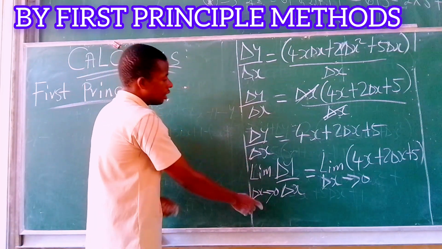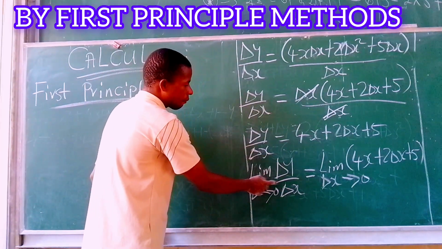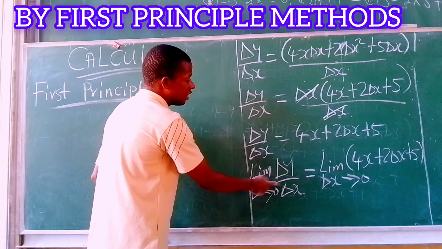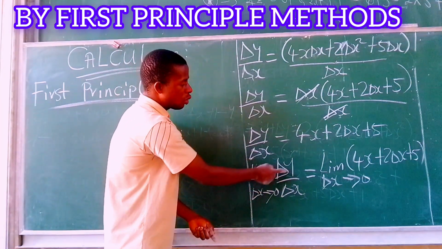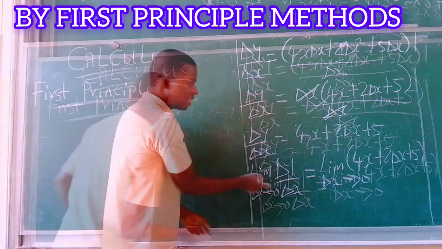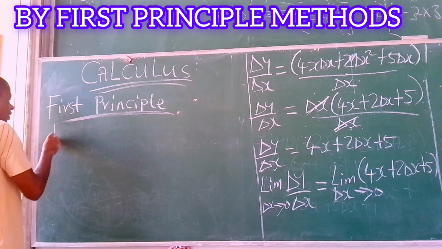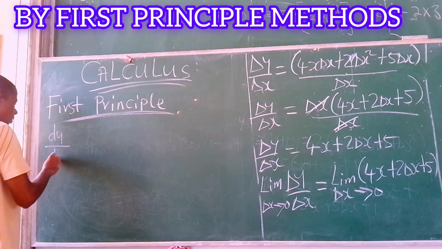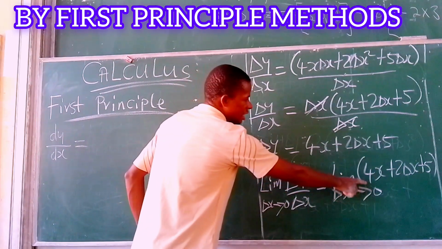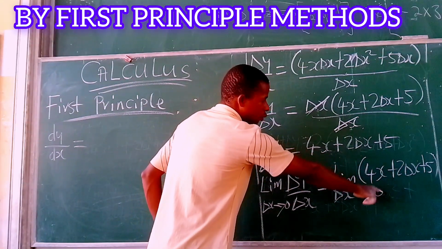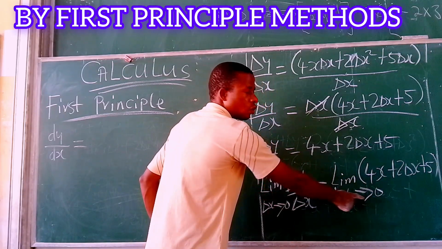This is the gradient. For us to get the gradient, which is small dy over dx, when the capital dx tends to 0, it's going to affect it to the smaller one, which is the gradient. We're going to have dy over dx equals to, now anywhere we see dx on the right hand side, we put 0, because it says dx tends to 0.